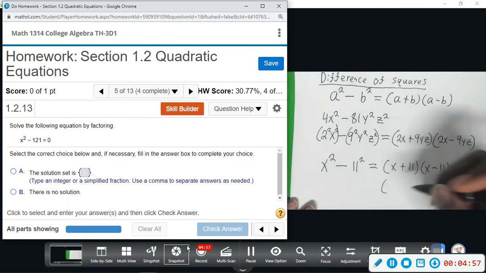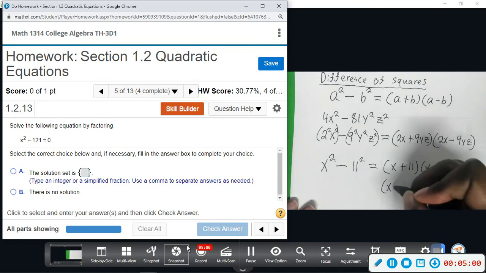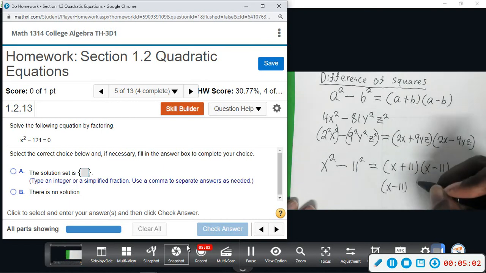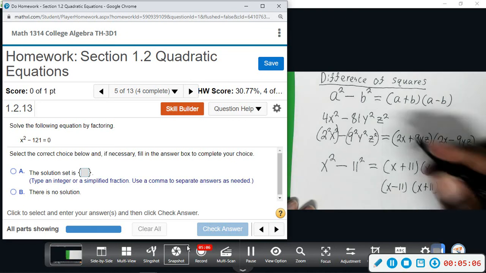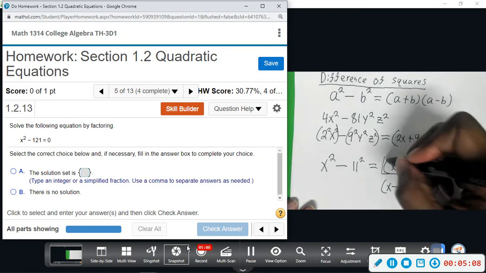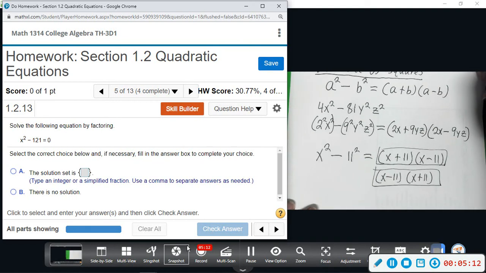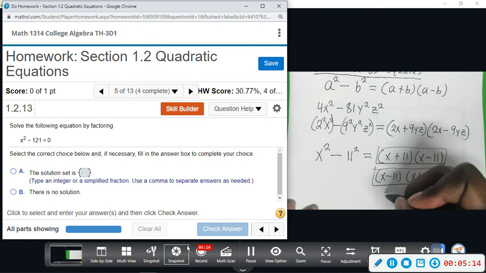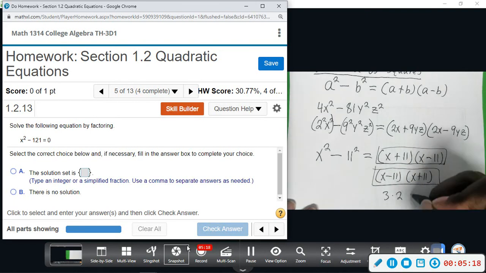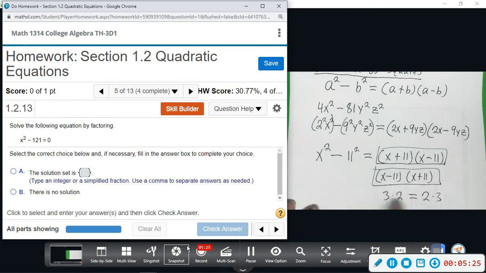Sometimes I may write the minus first, x minus 11 and x plus 11. It doesn't matter. Both of these are the same. Remember the commutative property again. If I have 3 times 2, because we're multiplying, that is the same thing as 2 times 3. So don't think there's any difference if you change the order when you're multiplying.